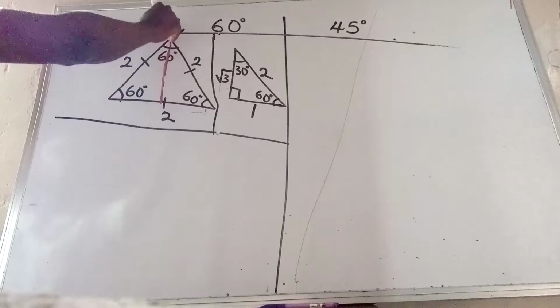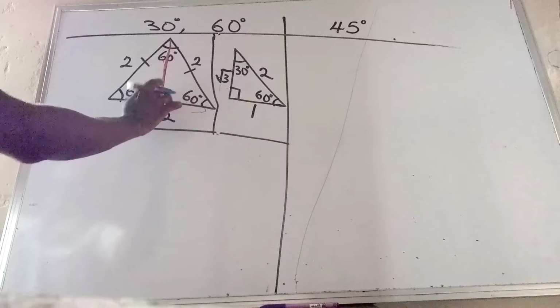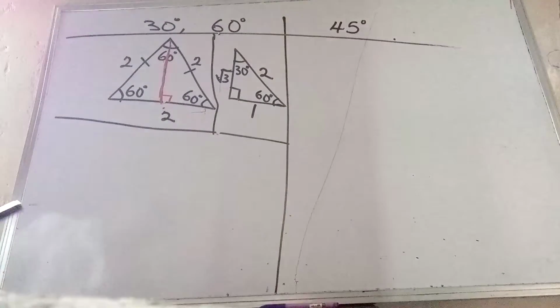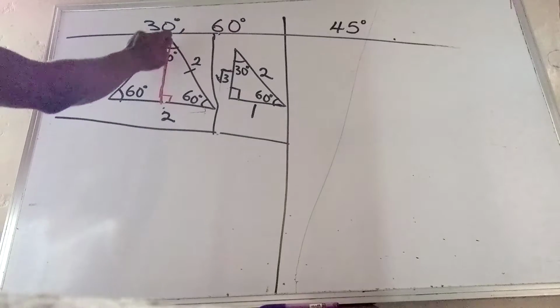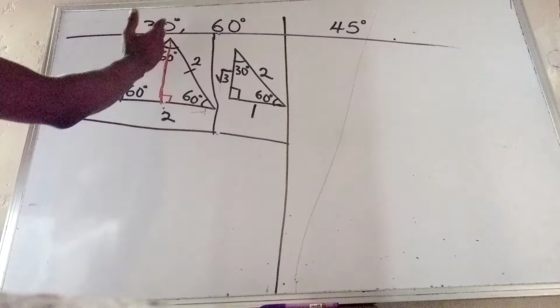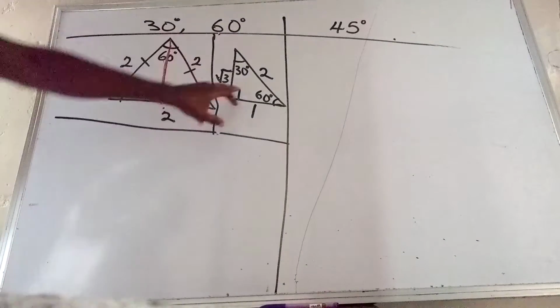Now you can see the red pen. So now, obviously, it has divided this triangle into 2 equal parts. That means this 60 degree here has been divided into 2 equal halves. 30 degree, 30 degree. So I brought out one part of the triangle here.